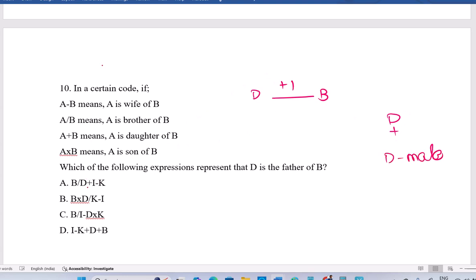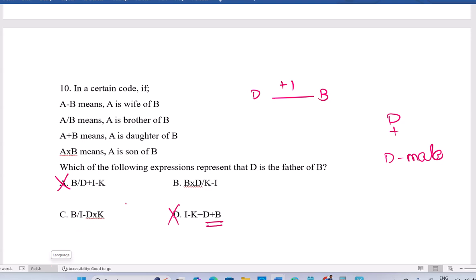D plus I, D is daughter of I, option B is A is wife. Option A is wrong, you have a look into that. The problem I am saying is the gender is not correct. Here D plus B, again D is daughter of B, D must be male, so not suitable. Now D into K, D is son of K. Here D slash K, maybe B and C, we will try one among that. And in fact between D and B this is wrong.